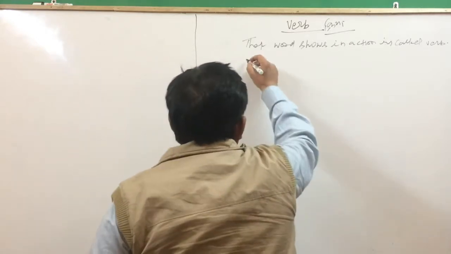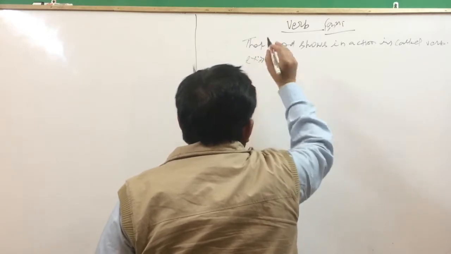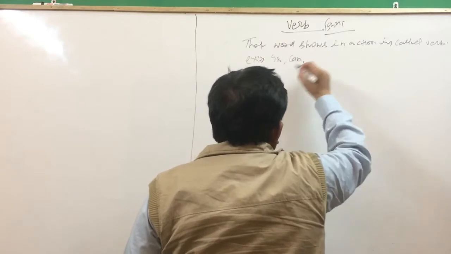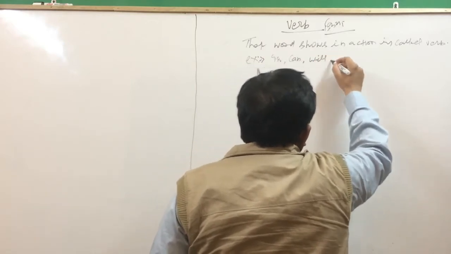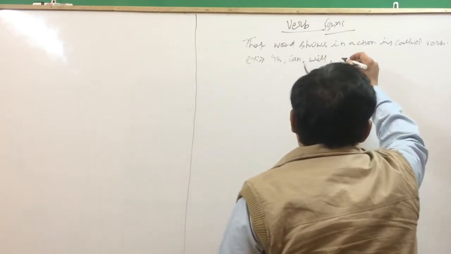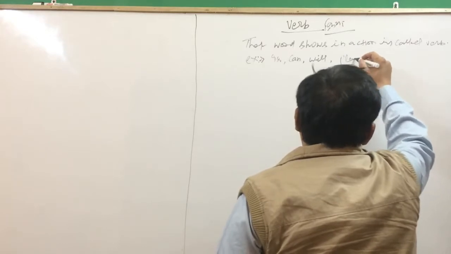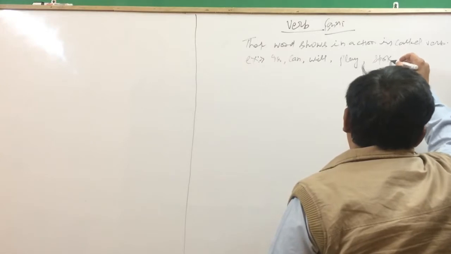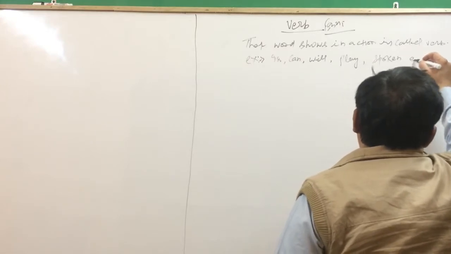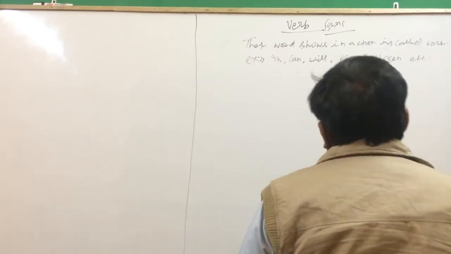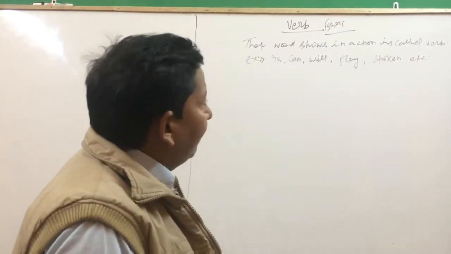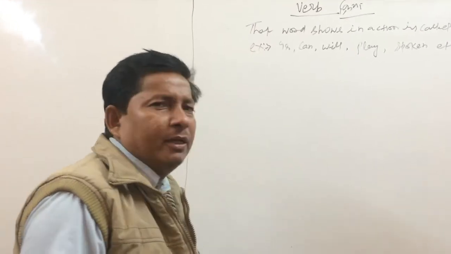As for example, look at here: is, can, will, play, spoken, etc. That word shows an action is called verb. So many words are present in a verb.